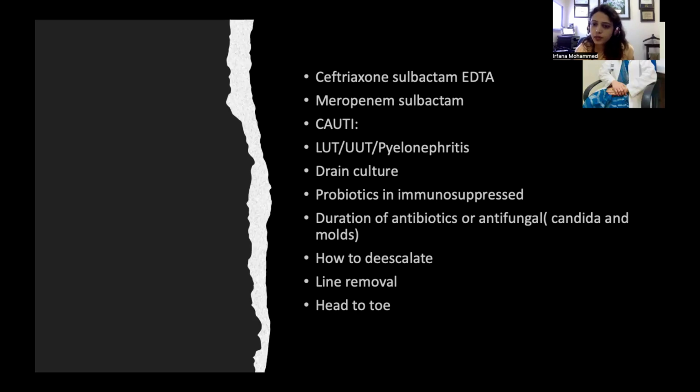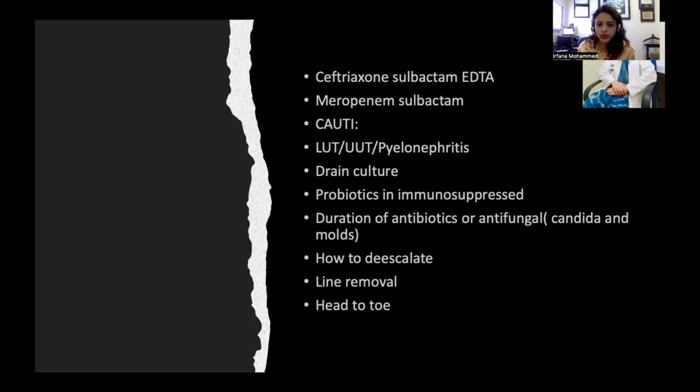For pyelonephritis, sometimes you have to give 2 to 4 weeks, and if there is pus formation, then minimum 4 weeks. Empyema, minimum 4 to 6 weeks. And for antifungals, it depends whether it is candida or mold infections, which we are going to discuss in our next lecture.